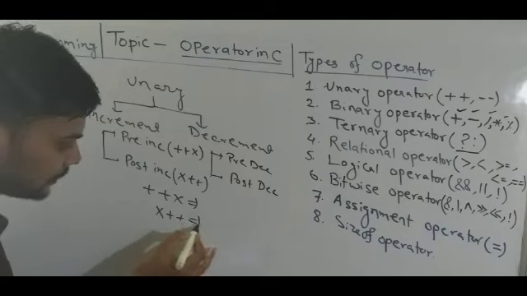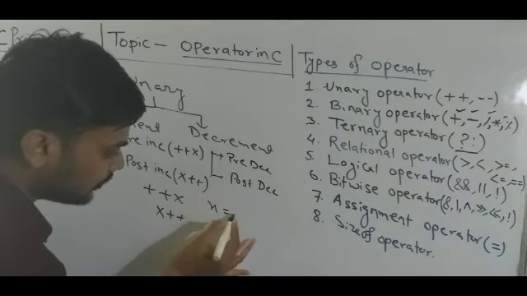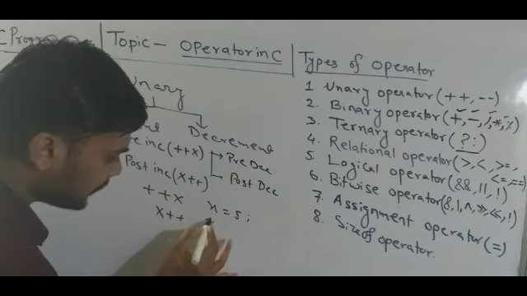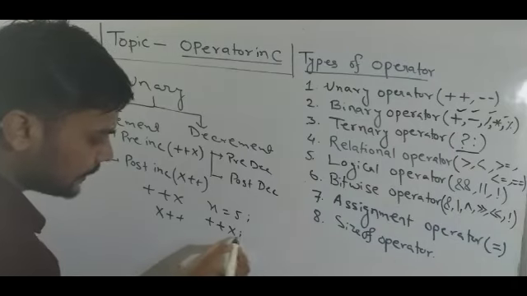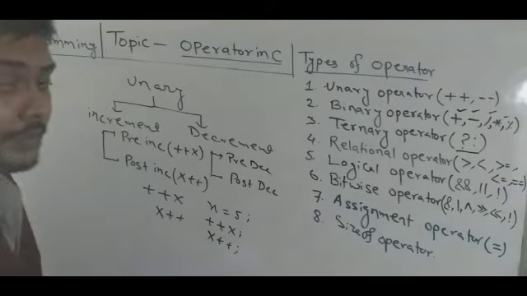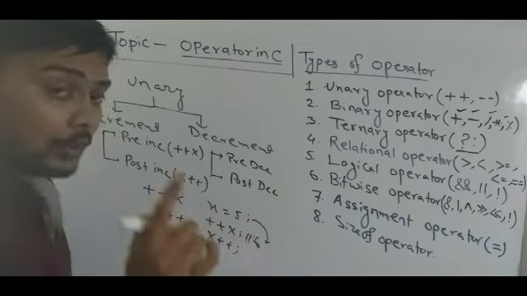So if we take one example like x is equal to 5, and if we use plus plus x and x plus plus, the value is incremented by 1 unit.